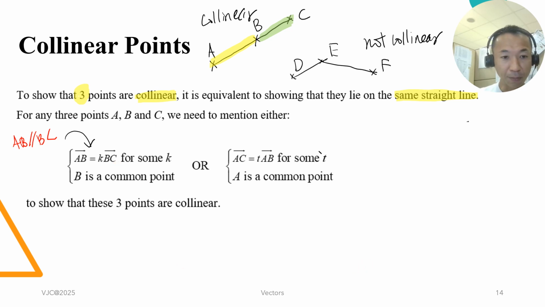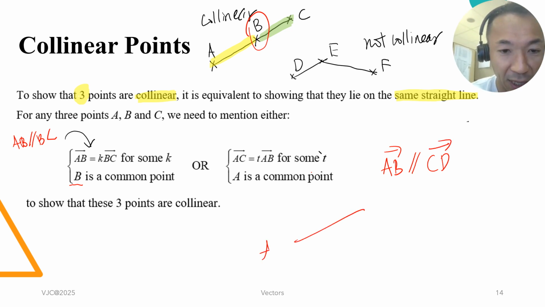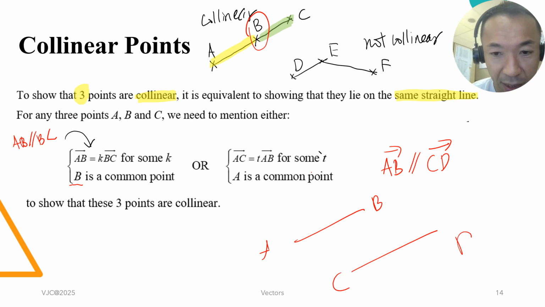To add an extra point, you also need to mention that B is a common point, right? Because without a common point, they cannot lie on the same straight line. If I say randomly AB parallel to CD, it doesn't mean anything because AB can be here, CD can be here. So there is no collinearity whatsoever.